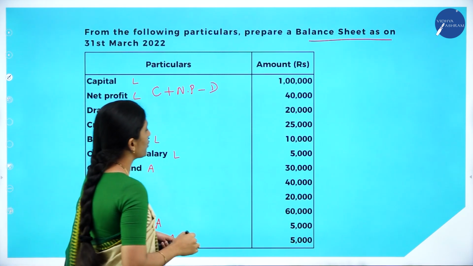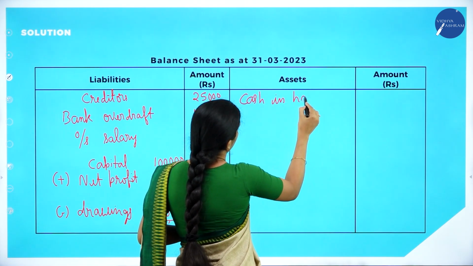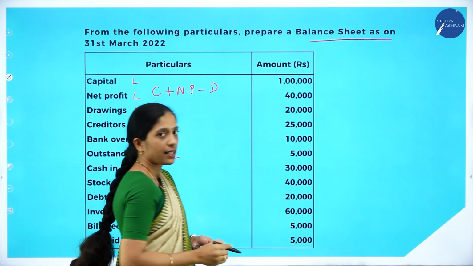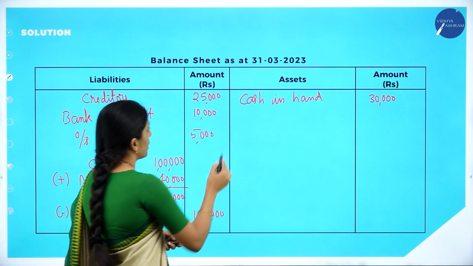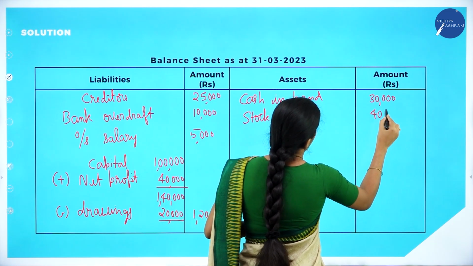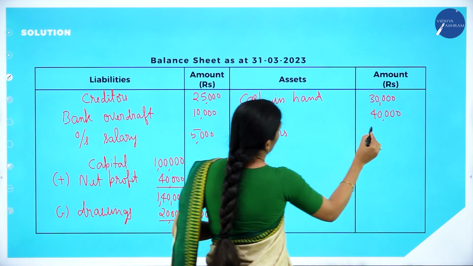Now come to assets. Cash in hand 30,000. Next, stock 40,000, debtors 20,000.